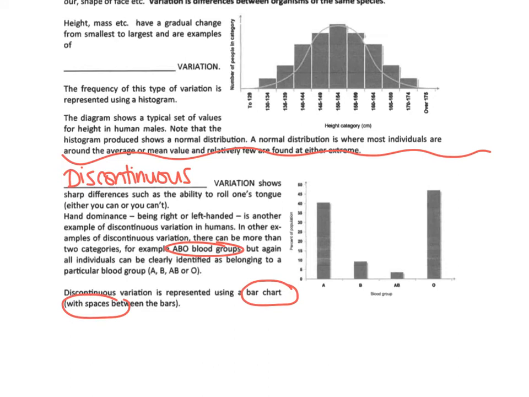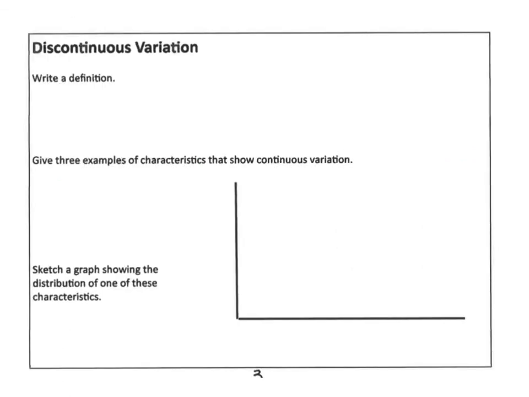This is a bar chart showing the number of people in a population that have blood group A, B, AB and O. There are spaces in between, there's no overlap. In terms of finishing our notes on the next page, the definition is that the population can be divided into discrete groups or categories.